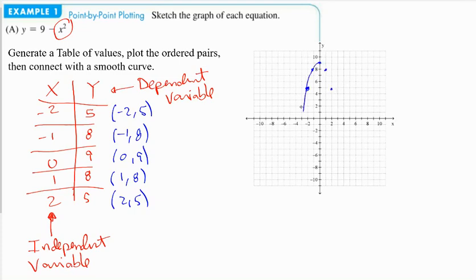And if we connect them, we see that this is a parabola opening down with its vertex at the point (0, 9).